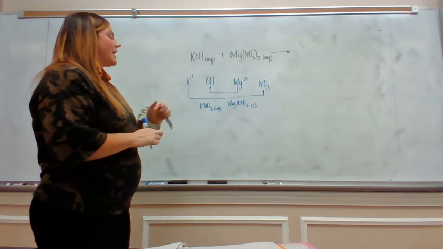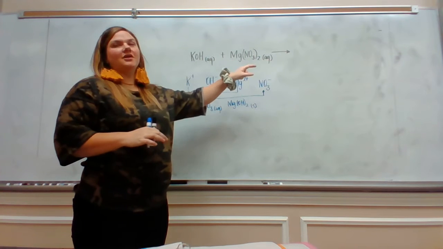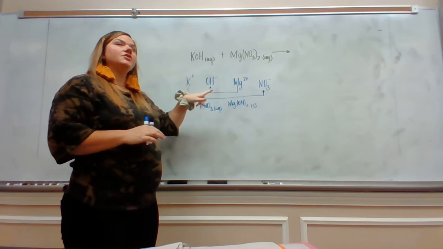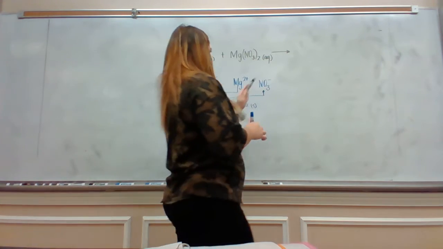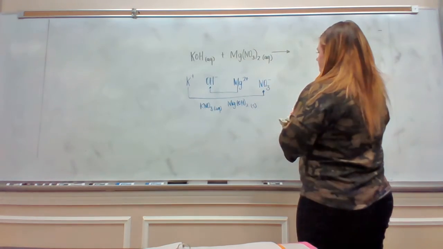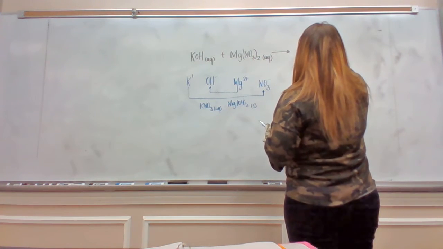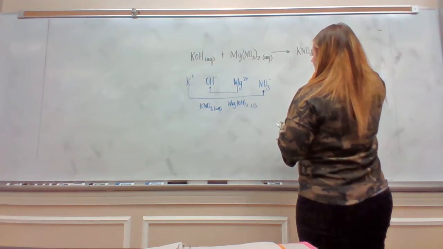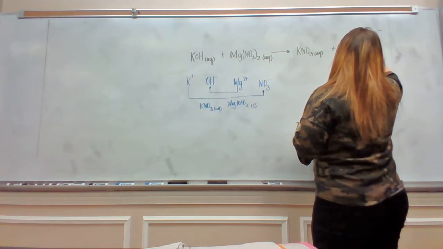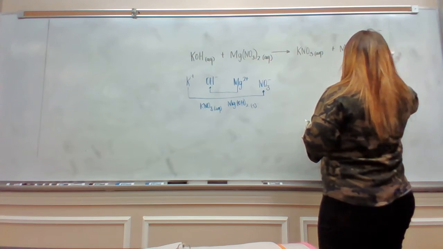Okay, so I always do this part first before I write it over there, because if they were both soluble, it would be no reaction. Okay, so now let's move over here. So KNO3 (aq) plus Mg(OH)2, and it is a solid.